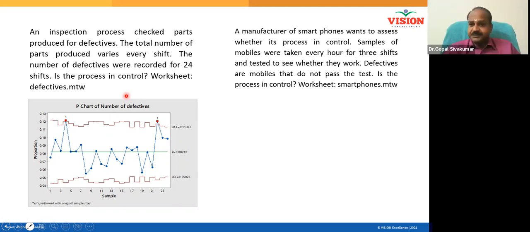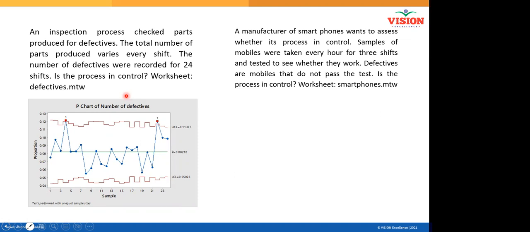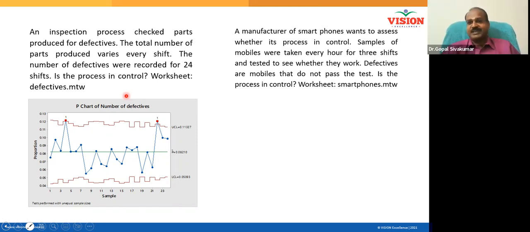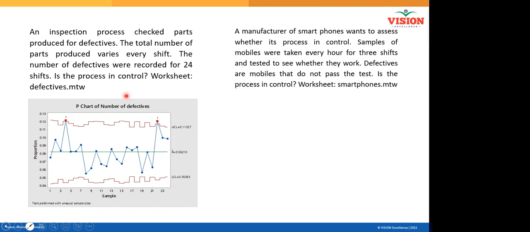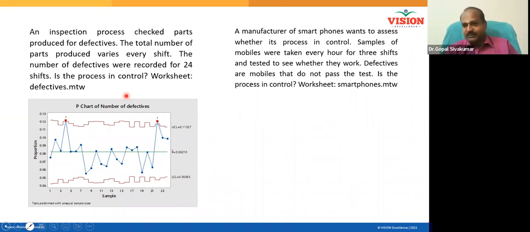Any data missing? Yes, sir. What is missing? Sir, the number of samples. Yes, the number of samples is constant. Very good observation. Because the data file is not shared, that is missing. So the number of samples is constant. Now tell me which control chart.